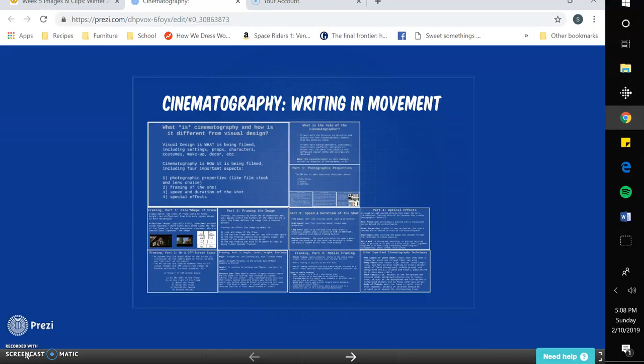So to get started, let's think about the etymology of the word cinematography. The word graph, or graphy at the end of cinematography, refers to writing, like calligraphy also refers to writing. So we know graph has to do with writing, and cinema is about movement or motion.